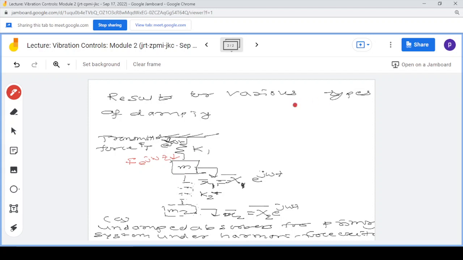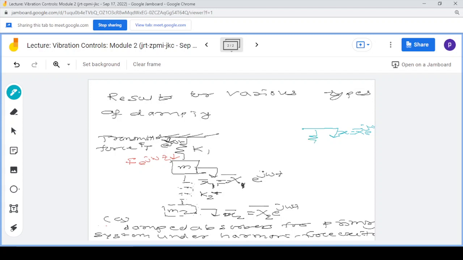Okay, now let us draw a system having the damped absorber. I have written undamped actually, so it should be a damped absorber. So it is a damped absorber for primary system under harmonic force excitation. And let us now consider the damped absorber for primary system under base excitation. So in this, we consider the base is moving with x equals x bar e raised to j omega t.